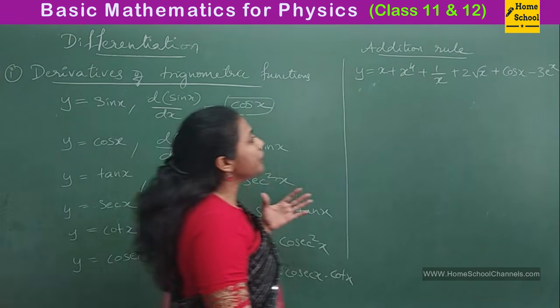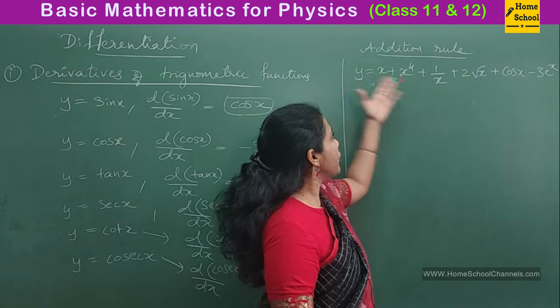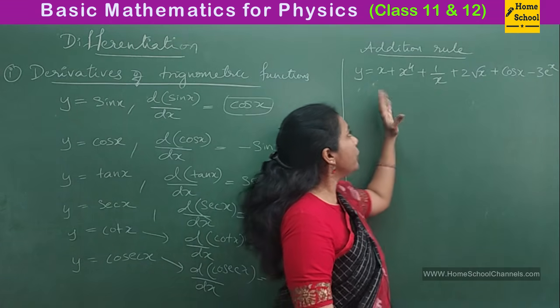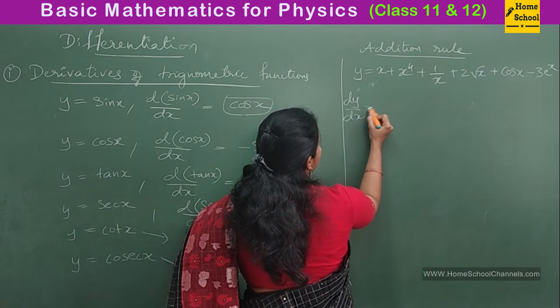Coming to the addition rule, say you have a particular equation, y is equal to this much, and you have to differentiate. What is the value of dy by dx?